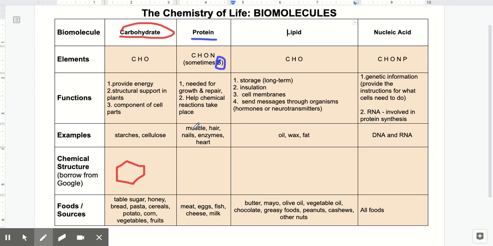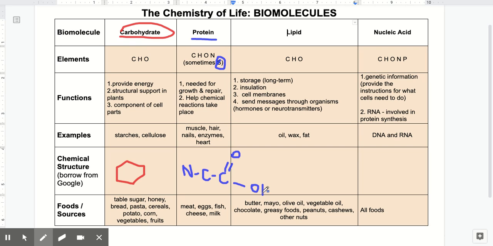Some examples of where proteins are found are in muscles, hair, nails, enzymes, and in the heart, hemoglobin is a blood protein. In terms of drawing a chemical structure, you would want to know that there's nitrogen bound to a carbon, and then we have a double bond to oxygen, and then another oxygen and hydrogen.